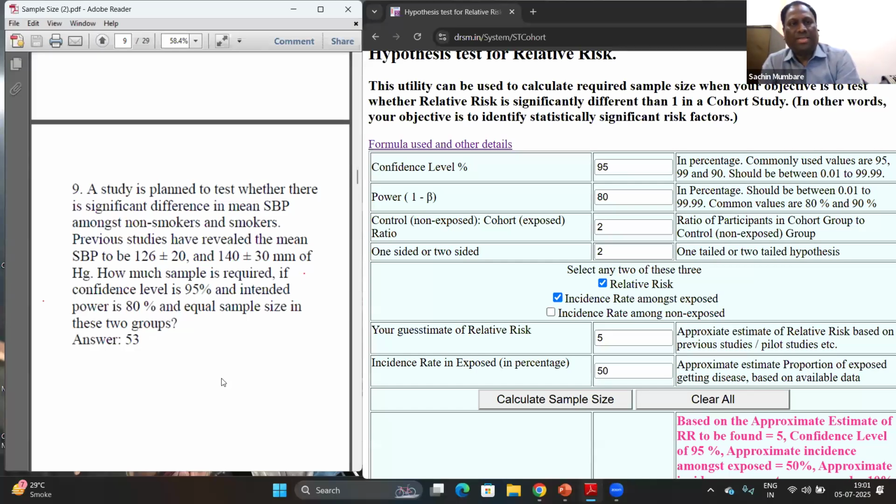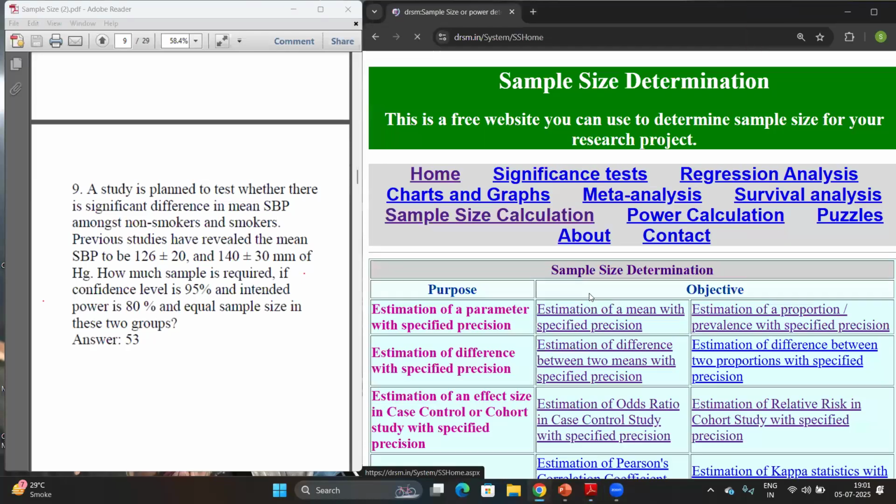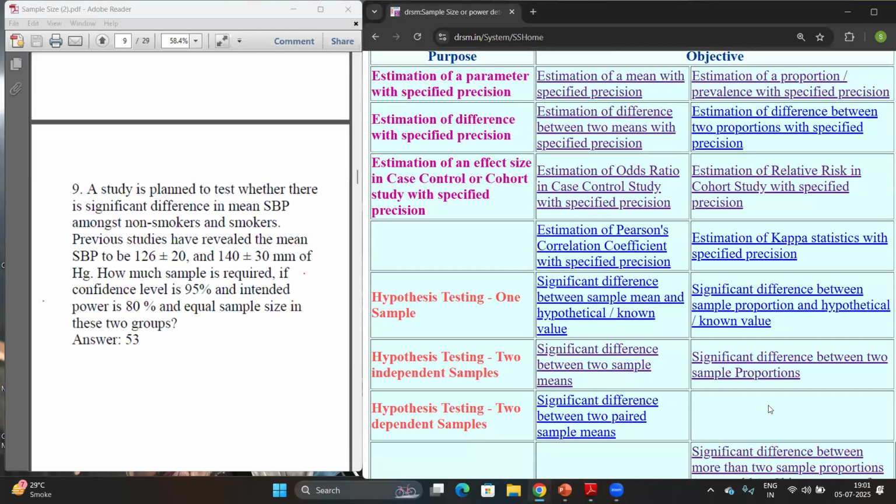So in this example, what is asked? Can anybody tell me what is asked here? We want to test the significant difference in mean systolic blood pressure between smokers and non-smokers. That's correct. So which link will you use amongst these?